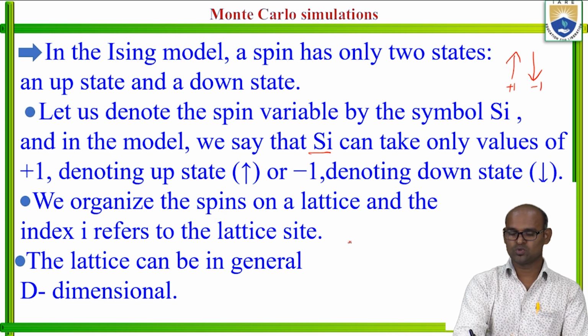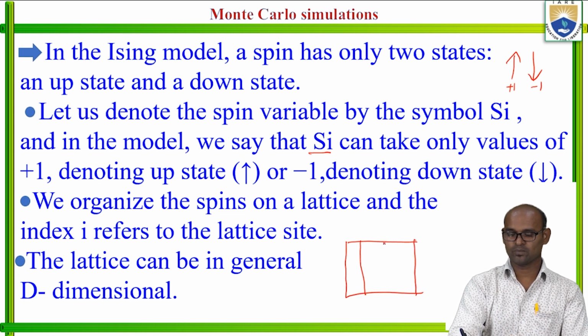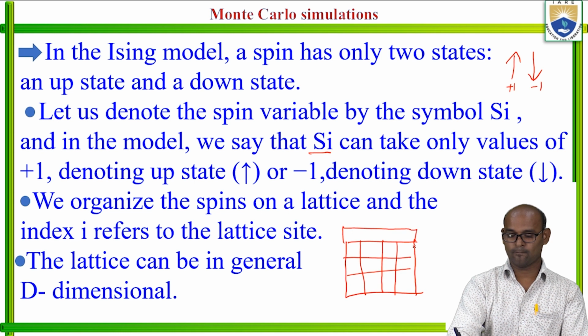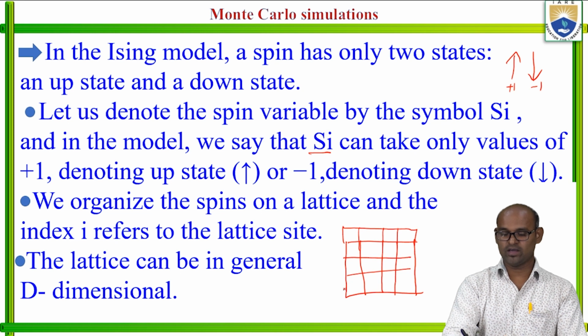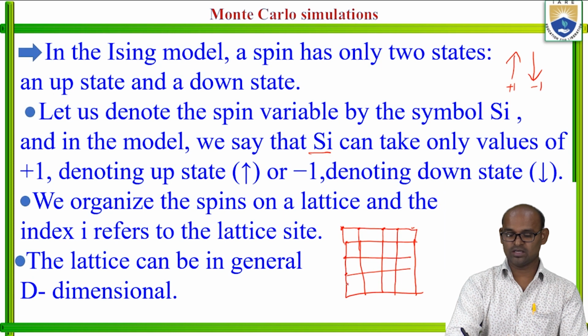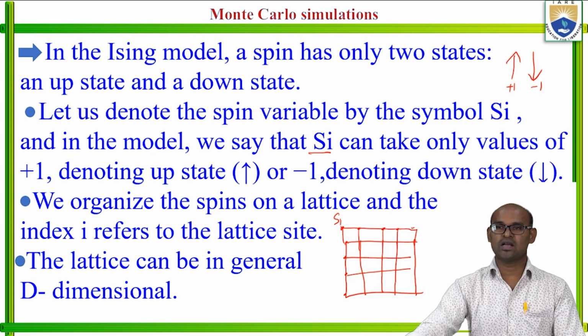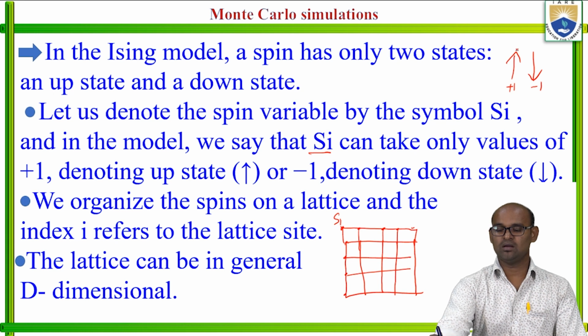So we are going to take, for example, a 2D square lattice of 5 by 5. Each lattice site is going to have a spin, and the spin can be oriented either in the up direction or in the down direction.